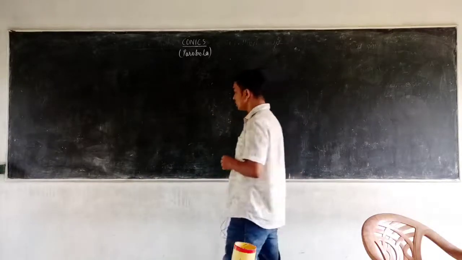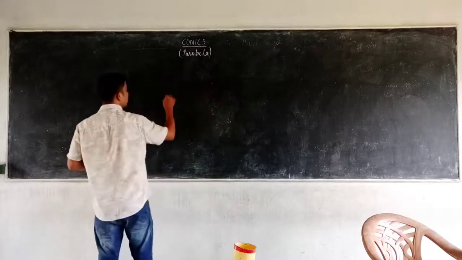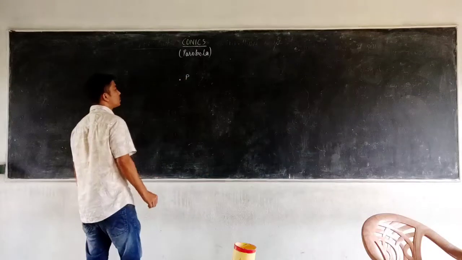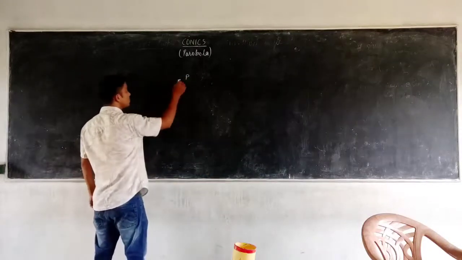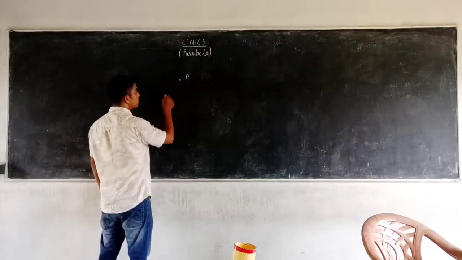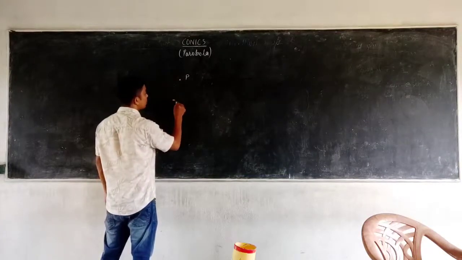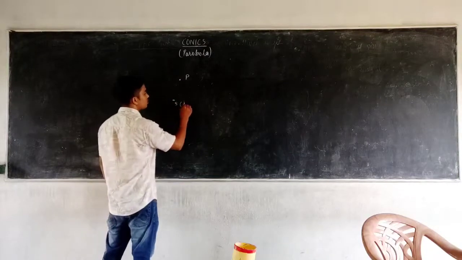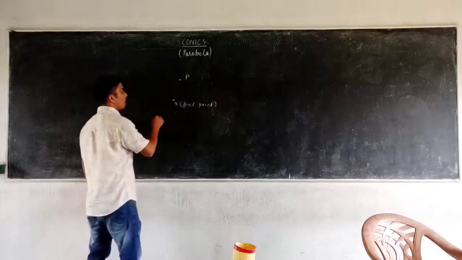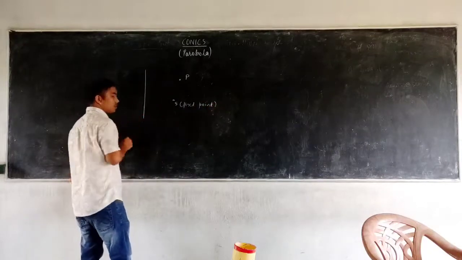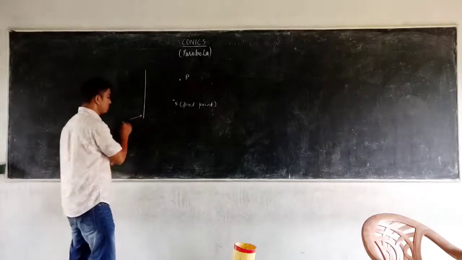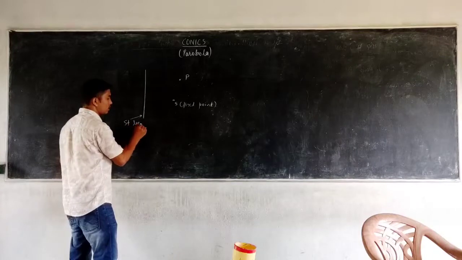Now to define a conic: a conic is a locus of a moving point P, but with some restriction. This moving point P moves in such a way that there is a fixed point S, and there is a straight line, which is known as the directrix.